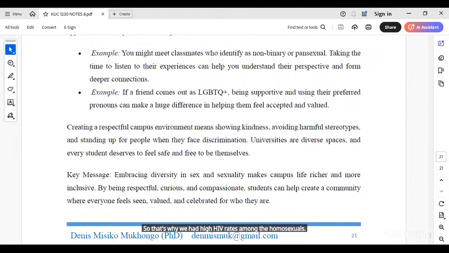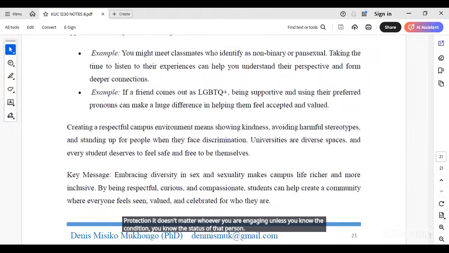So LGBTQ does not necessarily increase the rate of sexually transmitted infections. All you need to do when you don't want to be exposed is use protection. It doesn't matter whoever you are engaging, unless you know the status of that person.